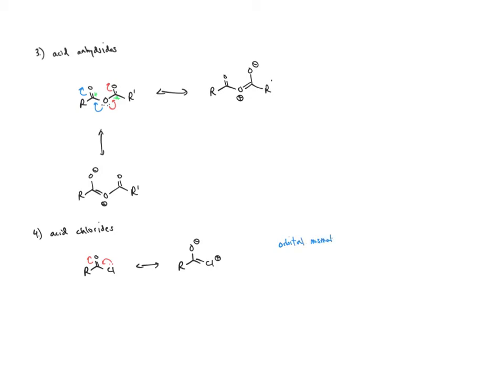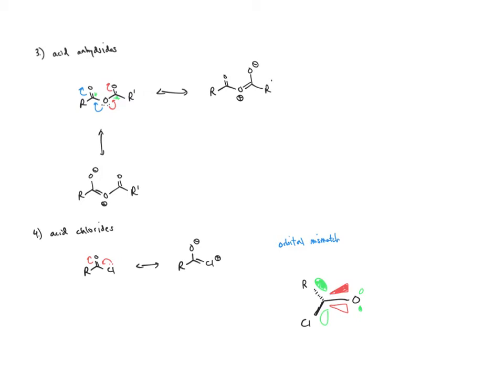Well, let's look at this from a molecular orbital perspective. If we've got a carbonyl that looks like this, and we've got a chlorine atom right here and some R group right here. Okay, we've got a pi CC that's looking like this, and we've got a pi CO that looks like that, a pi star CO that looks like this.